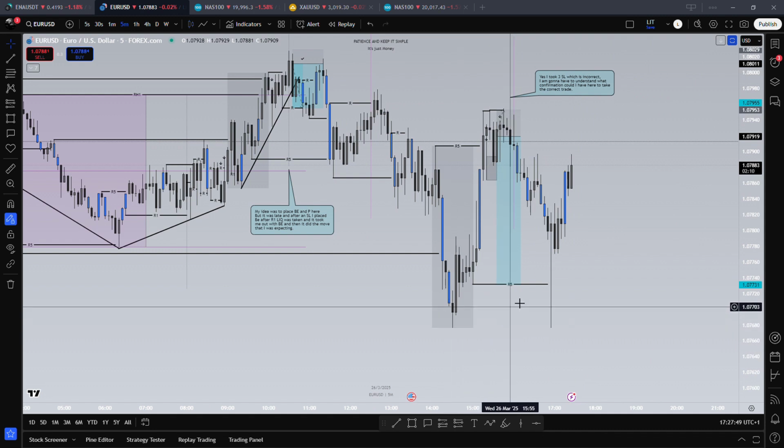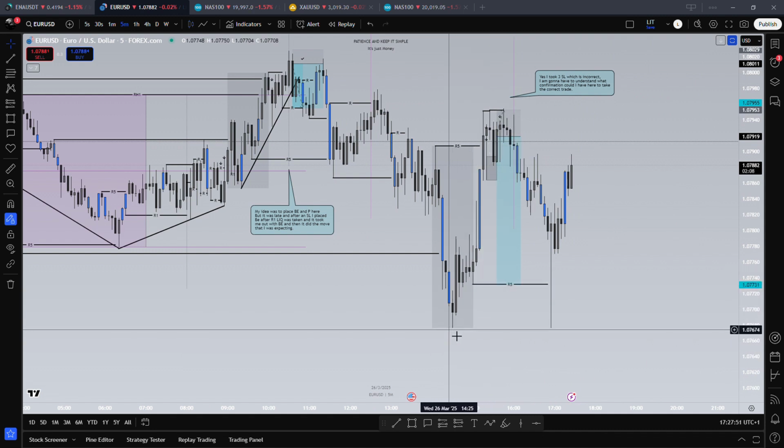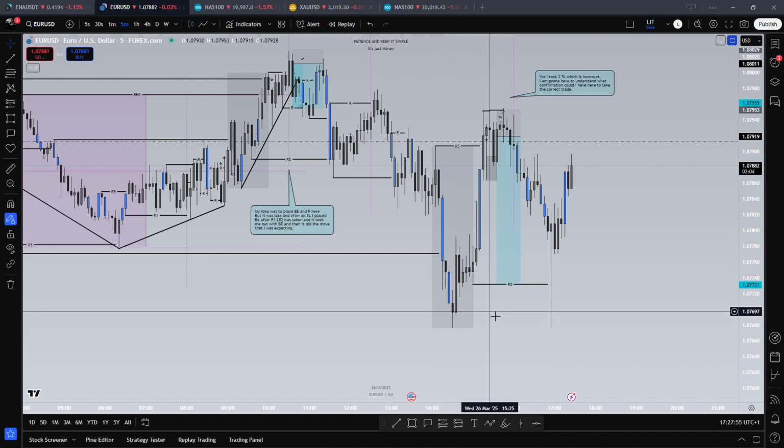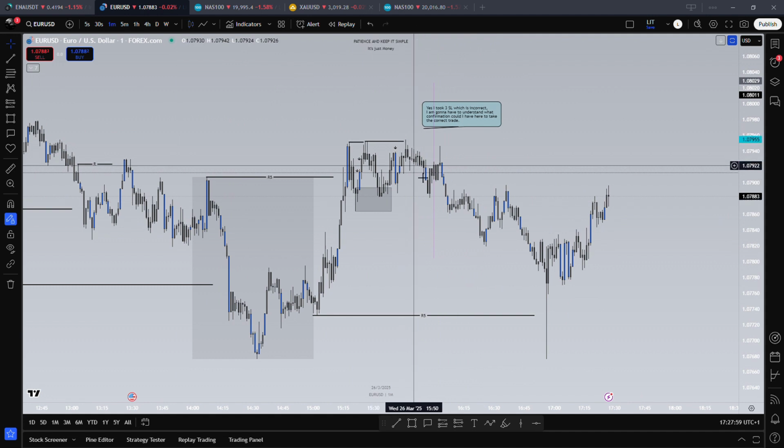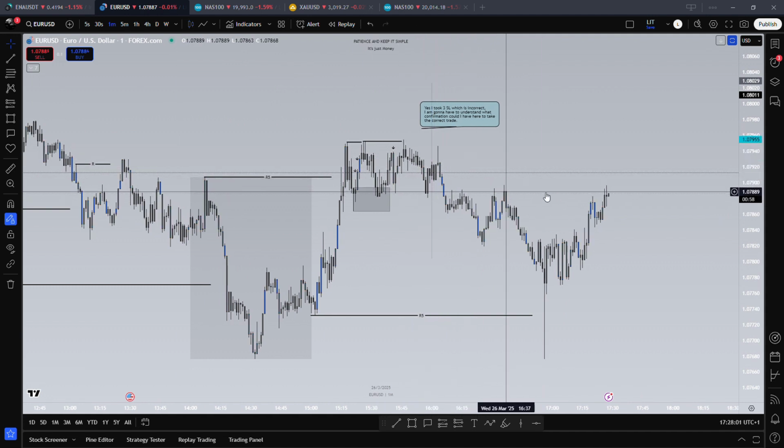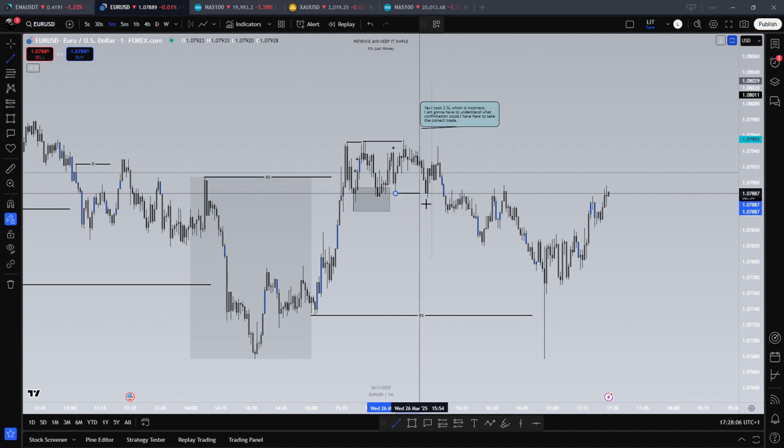As you can see, we didn't take the low because the relevant liquidity is this one, so the price doesn't need to take the low. Okay, it's freaking amazing. So maybe I should have waited for more confirmation.